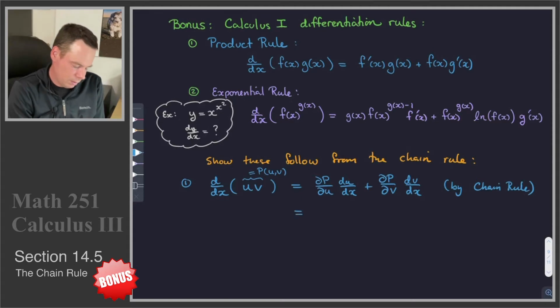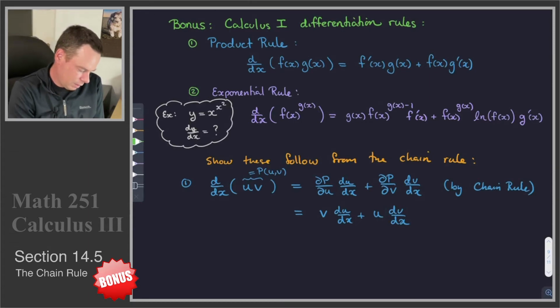And I claim that this is just the product rule. And we can see why, because what's dp du? Well, p is u times v, so dp du is just v. So it's v du dx plus dp dv, which is u dv dx. And that's the product rule. So we just derived the product rule from the multivariable chain rule.